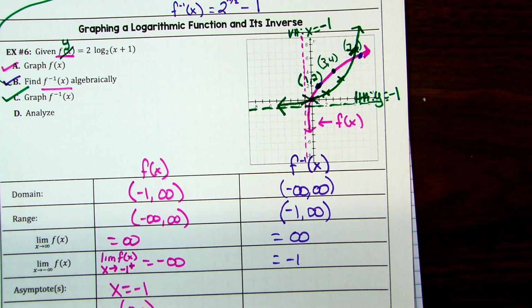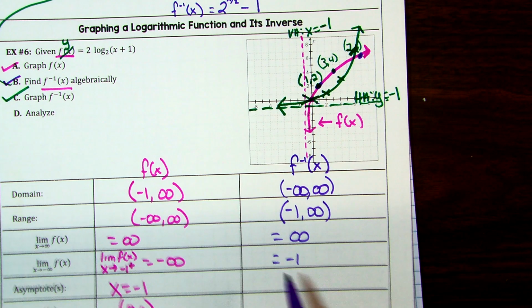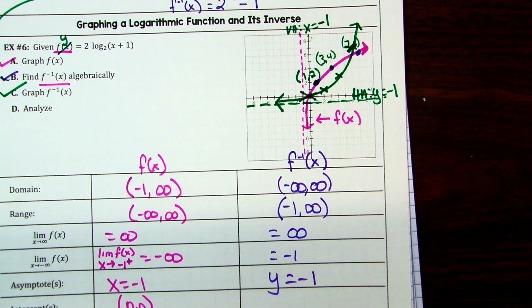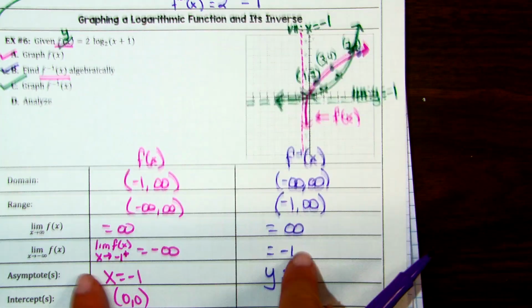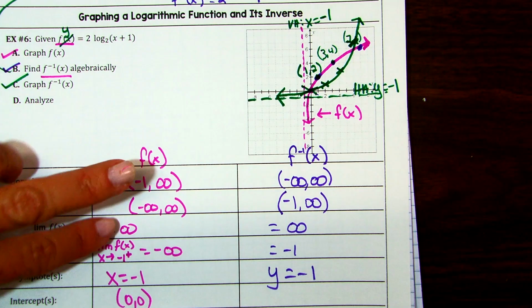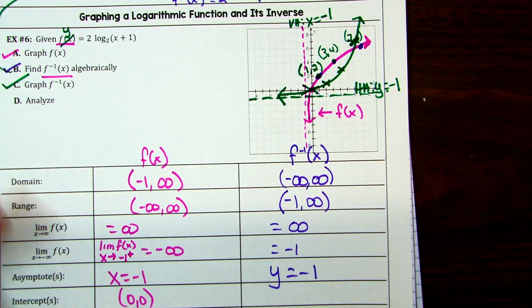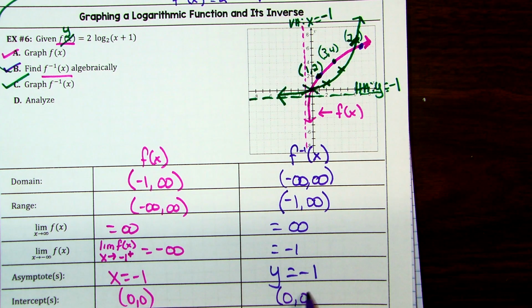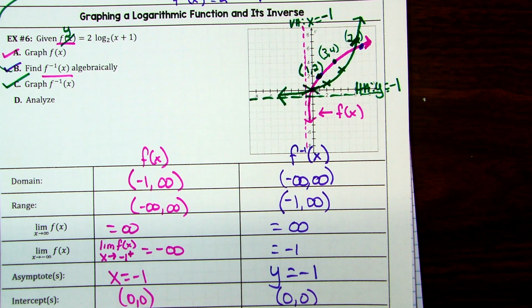It's a limit. It's limiting us. We already talked about this. Switch x and y. Oh, by the way, domain and range got switched too. Domains are x's, ranges are y's. See? Just flipped. Always happens in the inverse. Intercept, they share an intercept in this problem, right? 0, 0. And this one is concave up.